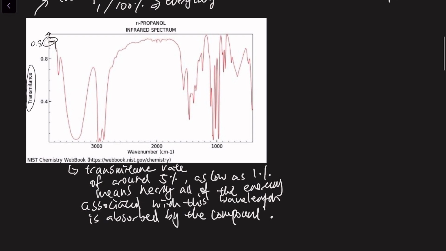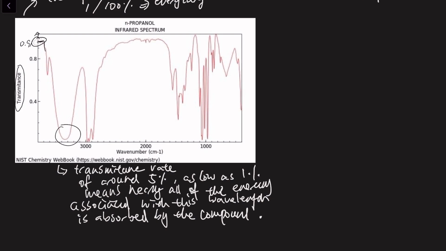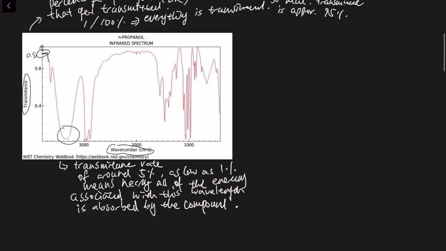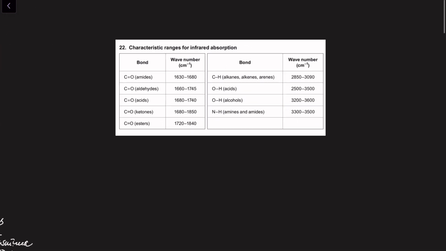This is really important because we can use this fact. If we see something like this, where the transmittance rate is really low, we can deduce which functional group is present, which functional group is actually there to absorb this energy. The way we can tell is to look at the wave number, and then match the wave number with what is given in the data book.